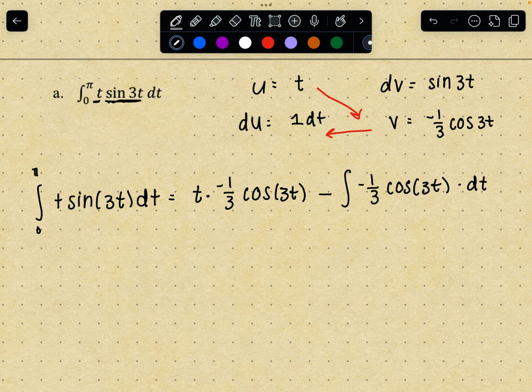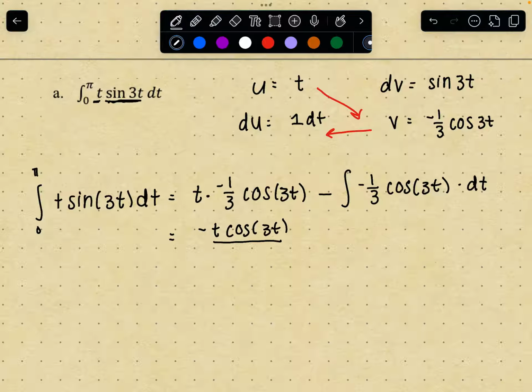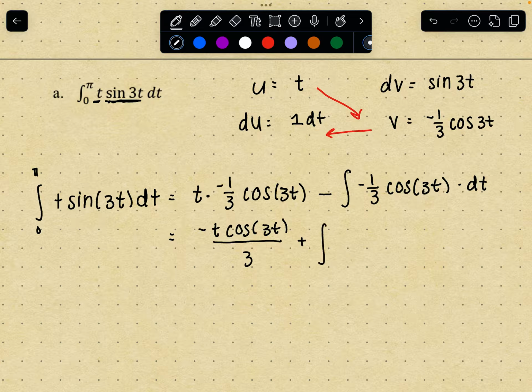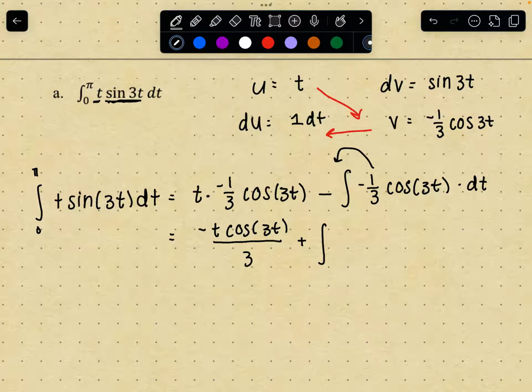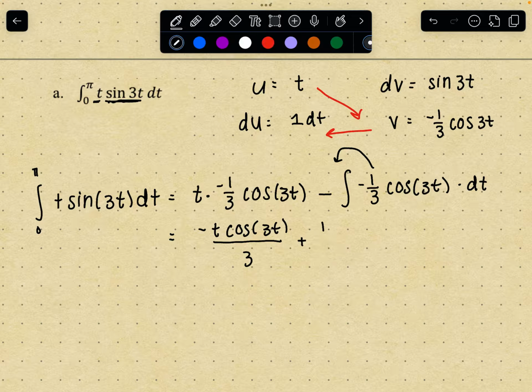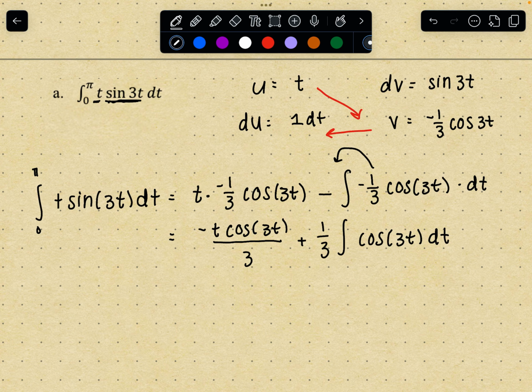Notice that I'm negative, negative, so really that just becomes positive. I'm also going to clean up this other side. Let's do negative t. And then I'm really just doing this integral because of that double negative. Remember, constants pop out in front, so I'm actually going to do this. Okay. So now we're ready to go.